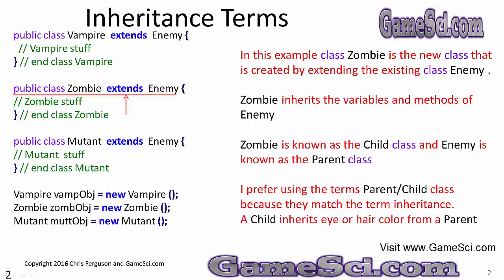I prefer using the terms parent and child class because they match the term inheritance. A child inherits eye color or hair color from a parent. We understand inheritance is the child receiving something from the parent. And that's exactly what happens. Zombie receives variables and methods from Enemy. So that's my preferred set of terms.